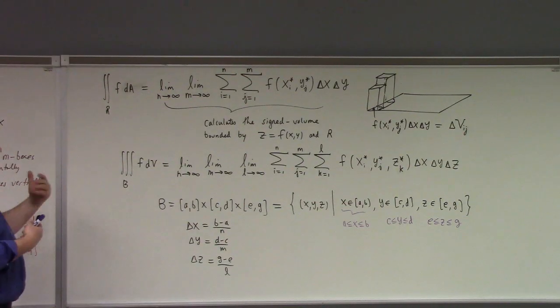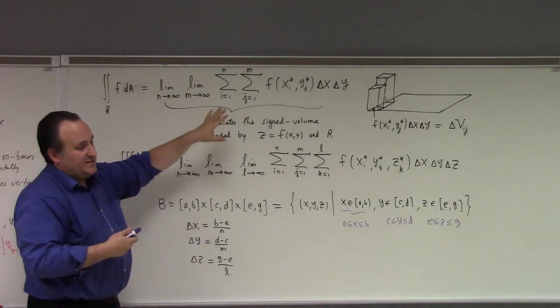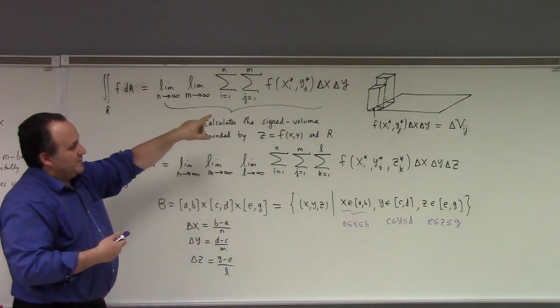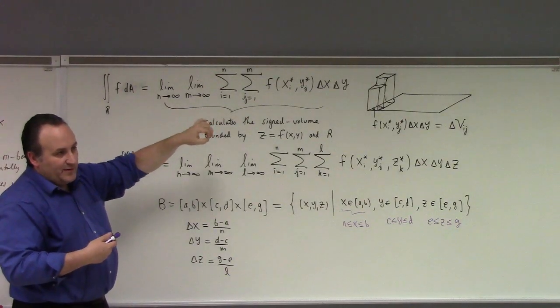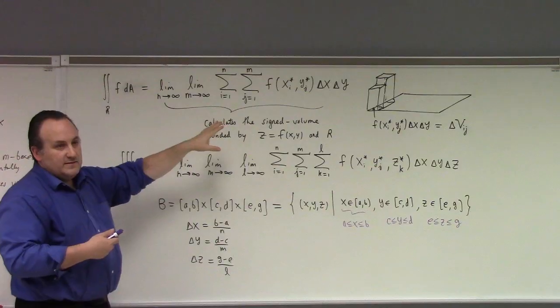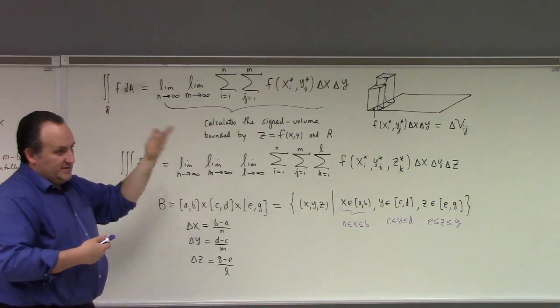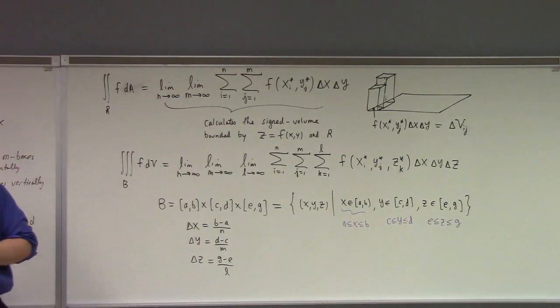That's why we take the limit as n and m go to infinity up here. It's because no matter how we define the sample point, whether we take the middle point or an edge point or whatever, in the limit, these differences should get washed away, all right? Now that's a theorem of analysis that I'm not going to prove in here, but that is true. These integrals are well defined, all right?